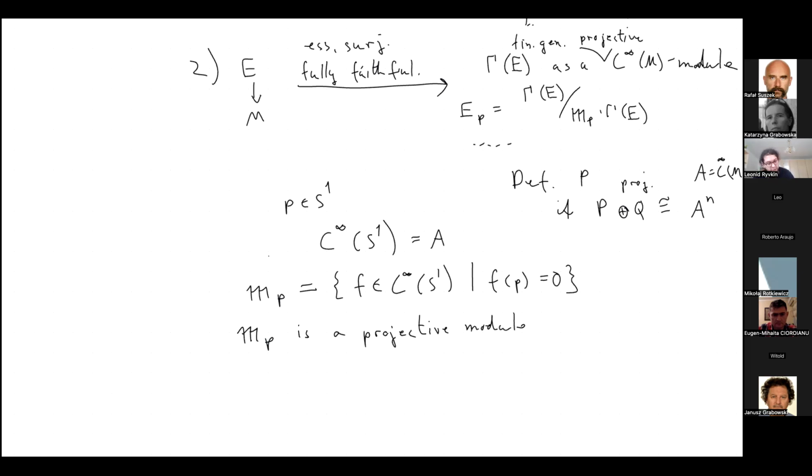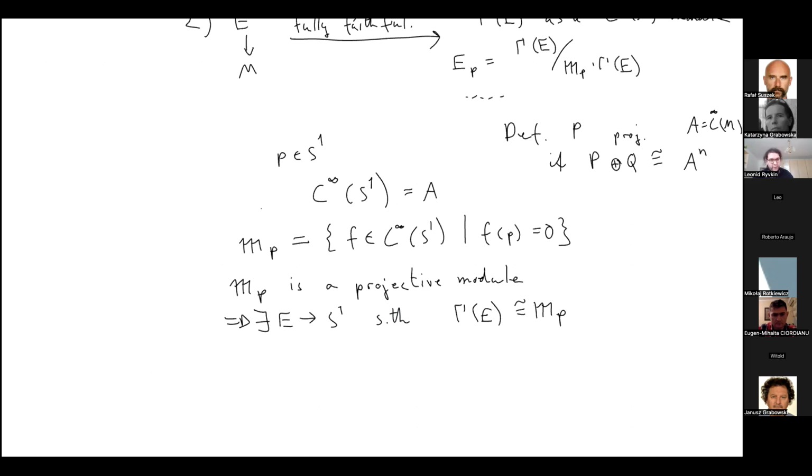So this means that there exists a vector bundle E over S1 such that the sections of E correspond to M_P. And one can show that this vector bundle cannot be trivial, and it is a rank 1 bundle.